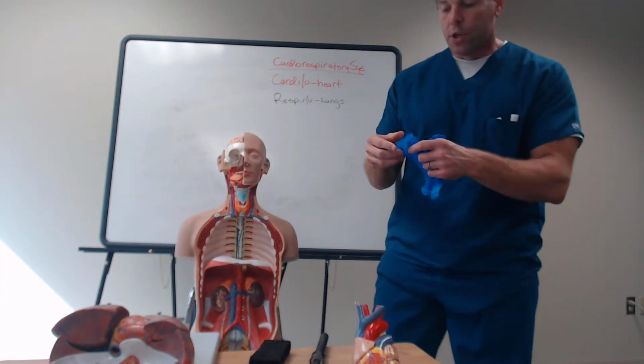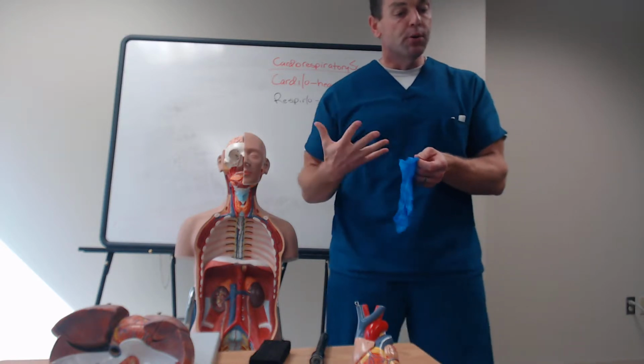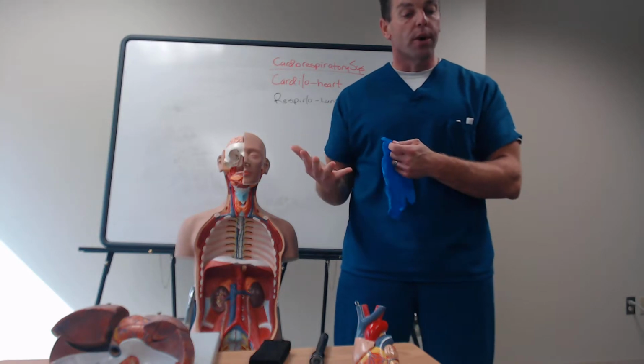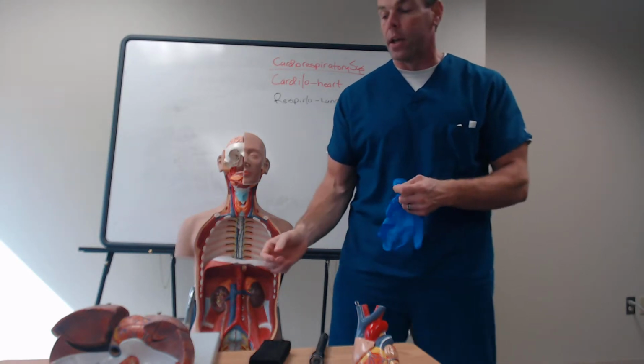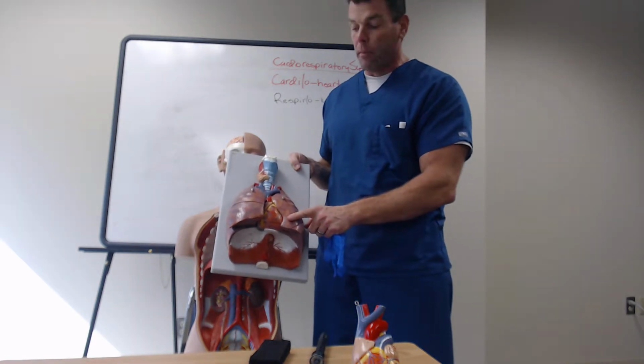Now, to make sure that each structure is able to work independently, the lungs and the heart, each of these organs is surrounded by a membrane. The lungs are going to be surrounded by the pleural membrane.